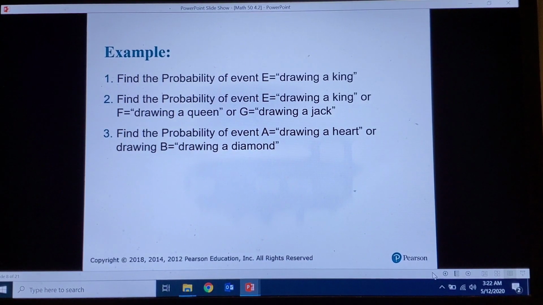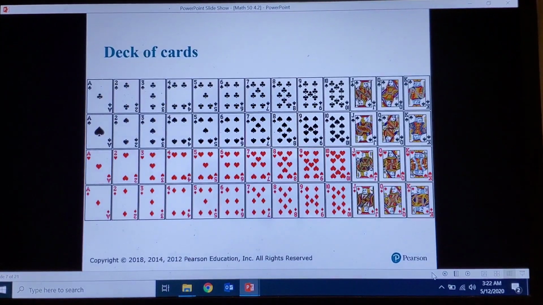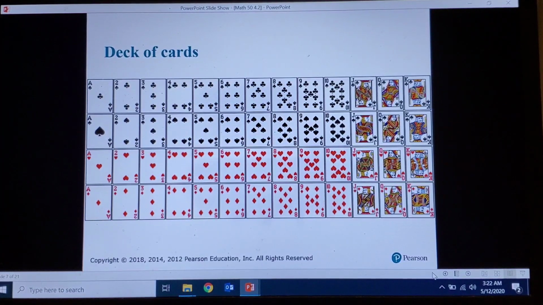So this first one is asking, find the probability of event E, which is drawing a king. Out of a deck of 52 cards, you have to ask yourself, what's the probability of getting a king? It's not saying it wants a particular number or a particular color. It's not describing heart, diamond, spade. It just says a king.